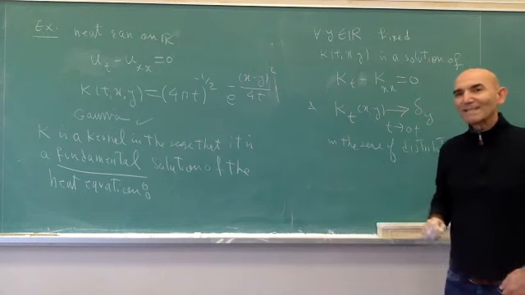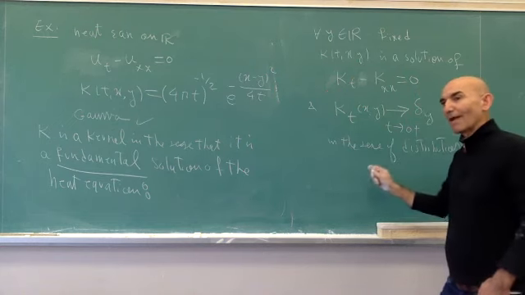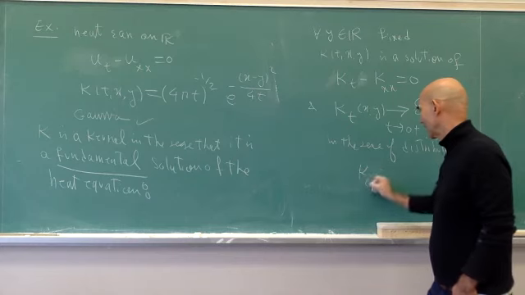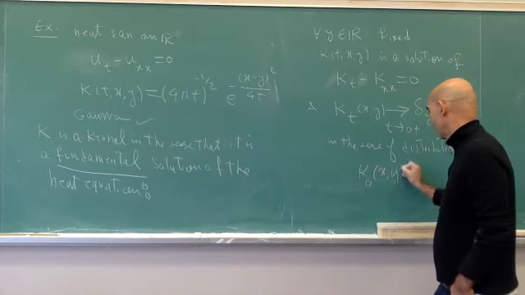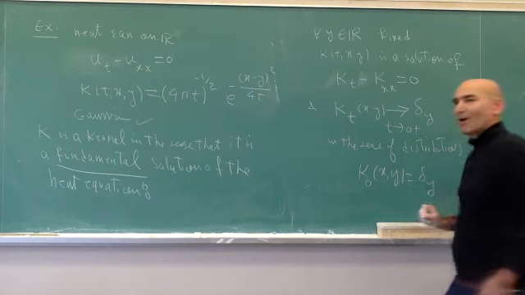In other words, k_0(x,y) is just the delta mass at y.